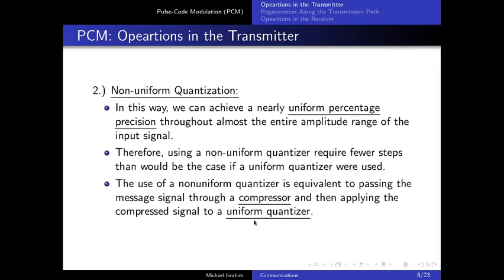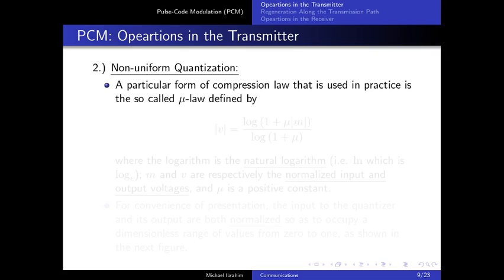And we're going to understand this in a few seconds in the next slide. So basically there are two kinds of compression laws that are used in practice. One used in North America is called the mu law, and it's defined as follows.